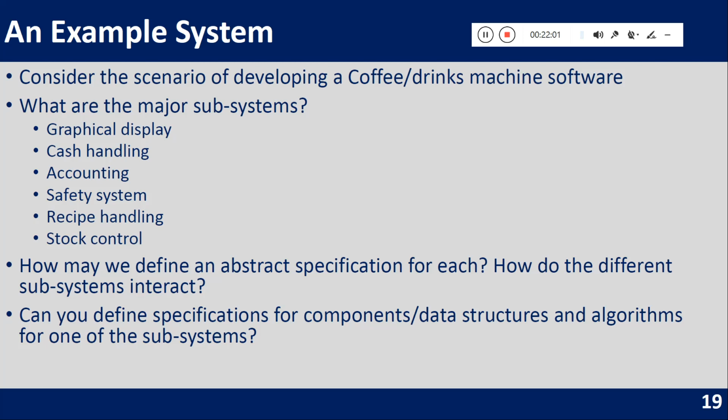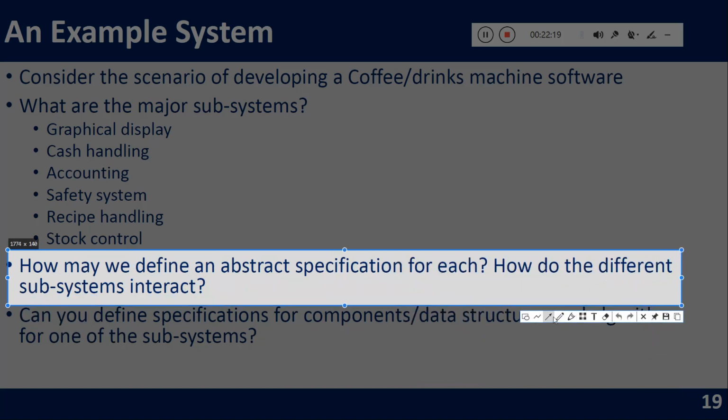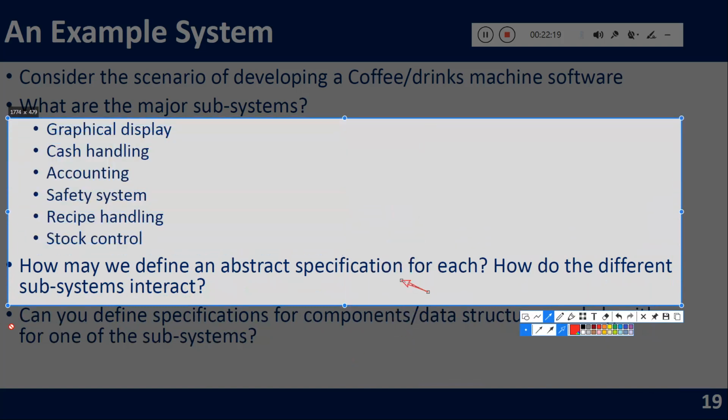For example, how do we define the abstract specification, and how do the different subsystems interact?